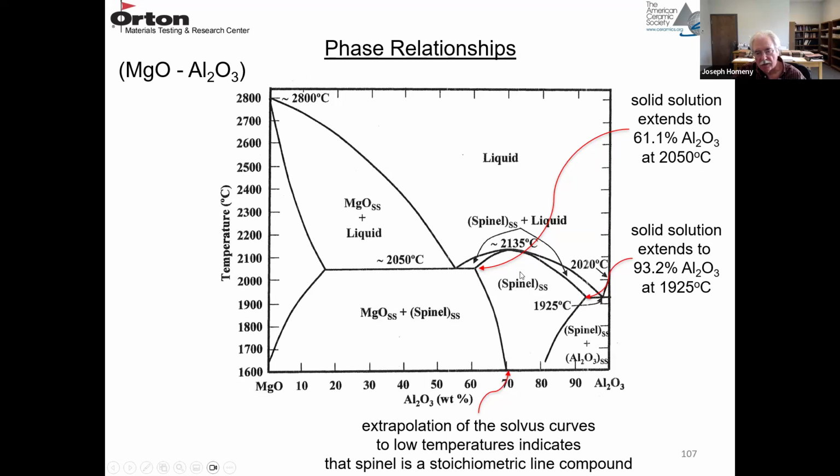If you extrapolate these solvus curves, this is between MgO and spinel over here. So this is a two-phase field, this is a single-phase field, and this is spinel plus alumina. So both of these solvus curves, if you extrapolate them to low temperatures, they're going to meet and form stoichiometric spinel.